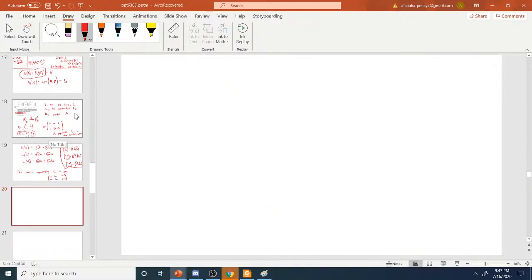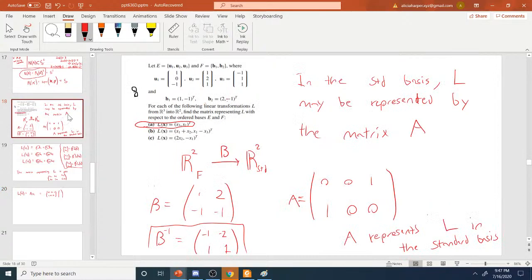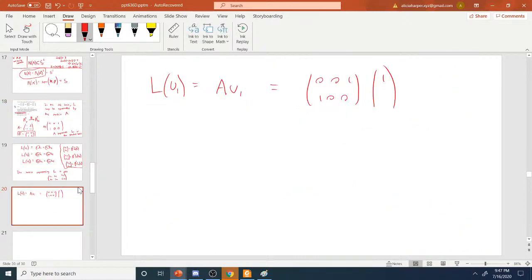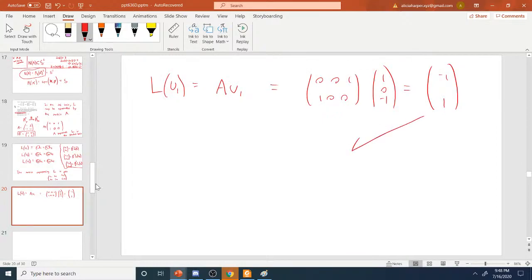So first thing I'm going to note is that L of U1 is the same thing as A times U1. So this is 0, 0, 1, 1, 0, 0, and then multiplied through by 1, 0, negative 1. And so this right here is simply negative 1, positive 1. Now I can apply B inverse to it.